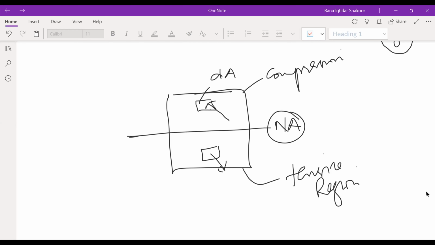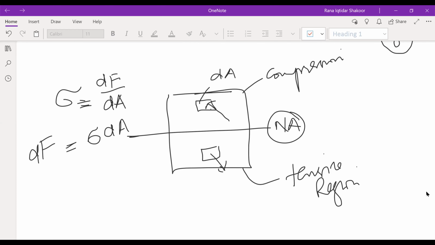We know sigma is dF over dA. So force will be sigma dA, right? So dF, for example, if this is a smaller area, so we can say this is the dF, right? Sigma dA. So this is basically the force.